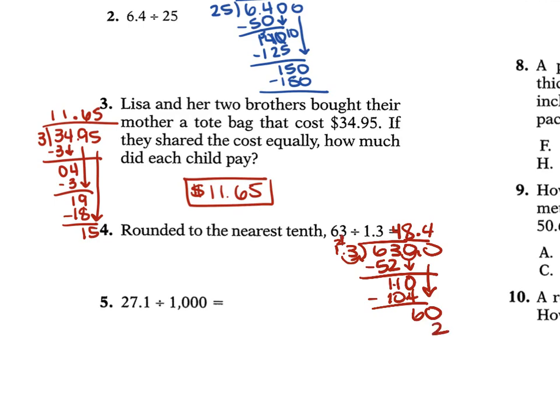Carry the 1. 4 times 1 plus 1 is 5. That gives me 8. I add a 0. I bring it down. 13 goes into 80 6 times. 6 times 3 is 18. Carry the 1. 6 times 1 plus 1 is 7. So that's 2. If I'm rounding to the nearest tenth, that means that that 4 is going to turn into a 5. So that's 48.5.